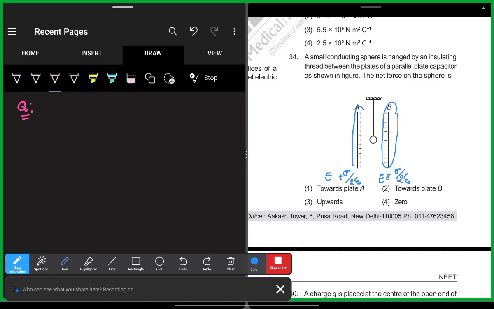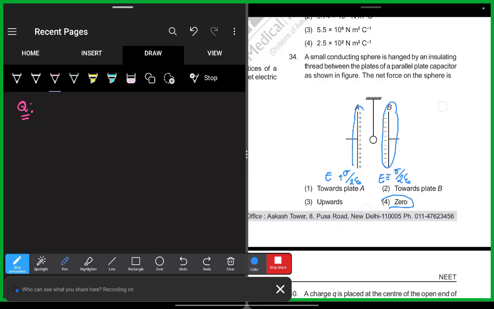So here the answer should be 0, right? Because it cancels. But what if we displace it a little bit? Then what will happen? Think about it. So the net force on the conducting sphere is zero.